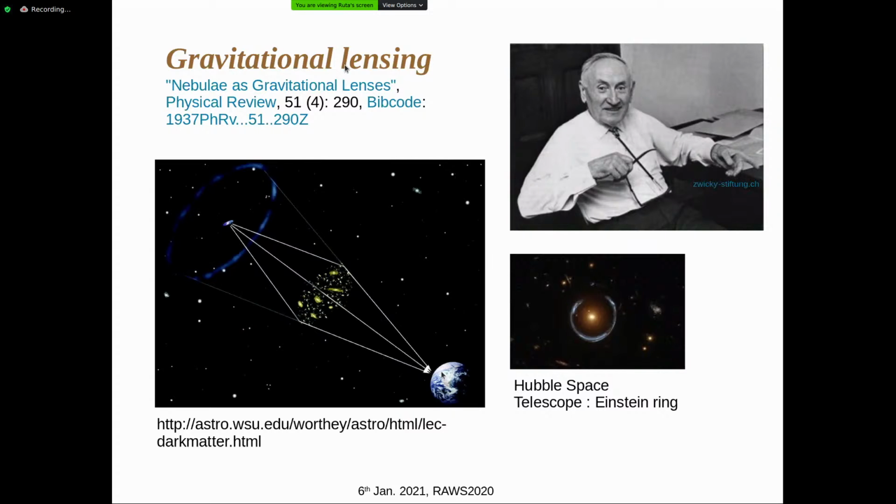The apparent picture of that region of sky is that you will see the image of this galaxy smeared into arcs, and this is due to gravitational lensing.